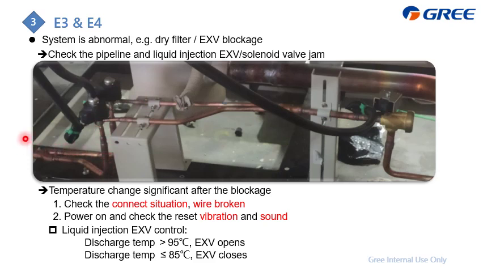We're afraid that maybe either of these is stuck or blocked, so you need to check it. And also the checking items for the EXV I already introduced are the same. And for the liquid injection condition, here is just for your reference, how and when we will turn on and close the EXV.